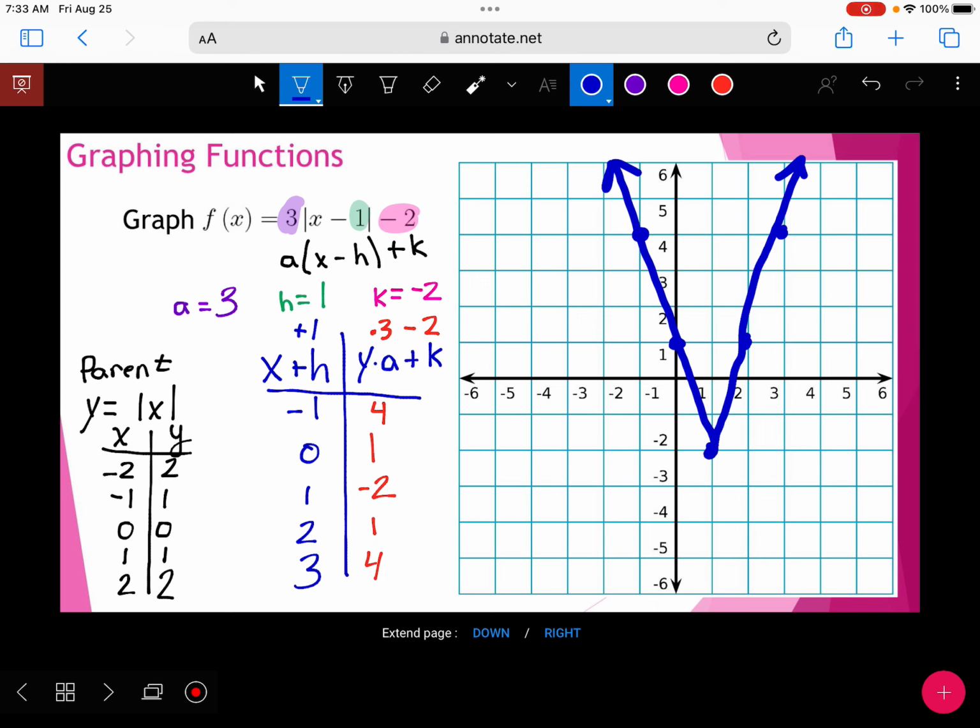Why is it negative 2 and 1? Because we took our 0 from over here. So from the parent, times 3, 0 times 3 is 0, right? Because anything times 0 is 0. Minus 2, minus k. And it's always going to be, wherever this bounces, at the point h, k. h, k, that is that vertex point on a parabola.